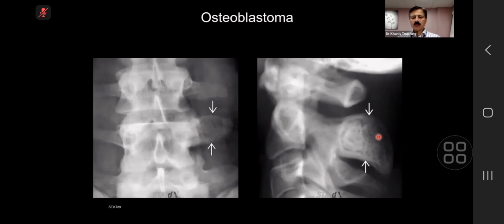This is another example. And you will agree that in this particular case, the lucency is not complete, and there is a bit of osteoid matrix. So you should not confuse it with an ABC. But if it is completely lucent, of course, then you might confuse it with an ABC.